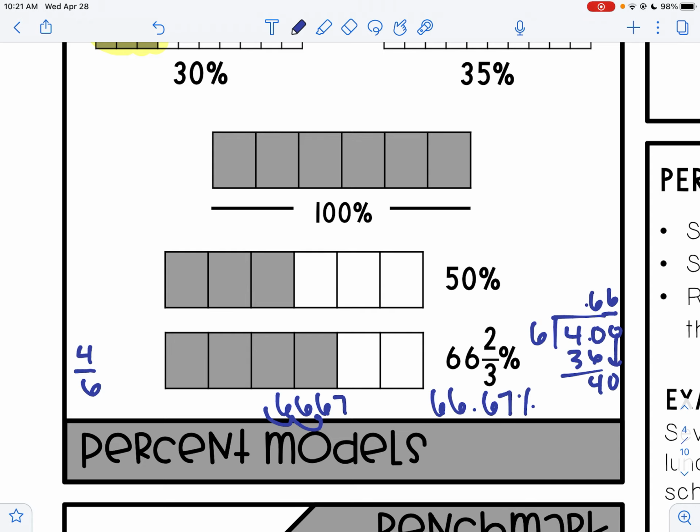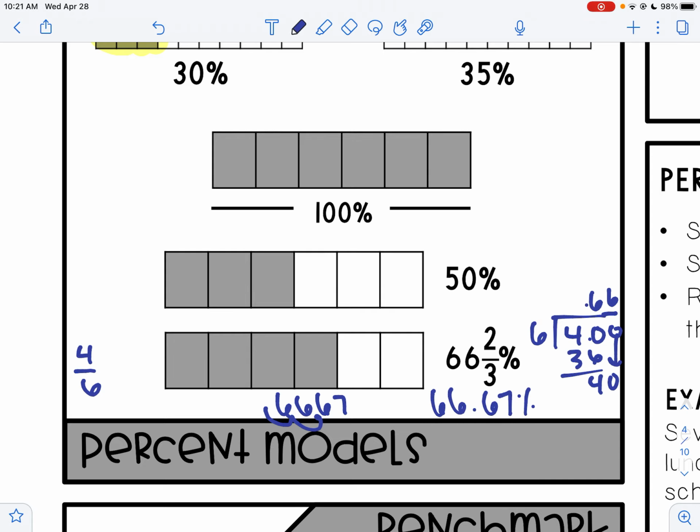And then lastly, we have 1/10 is 10%, 3/10 is 30%, 5/10 is 50%, 7/10 is 70%, 9/10 is 90%, and 1 is equal to 100%. Okay. So very helpful if you can remember those benchmark fractions.